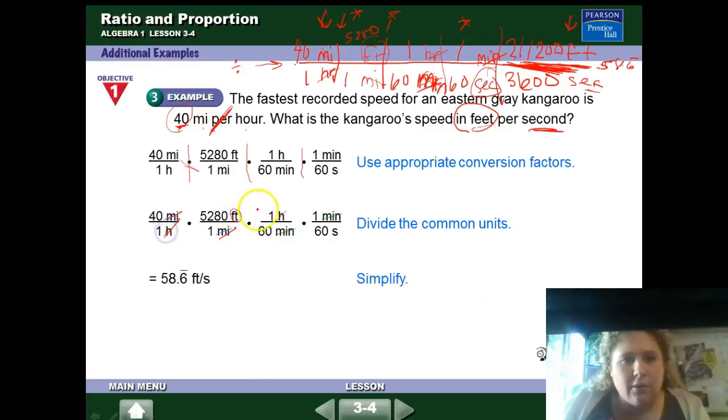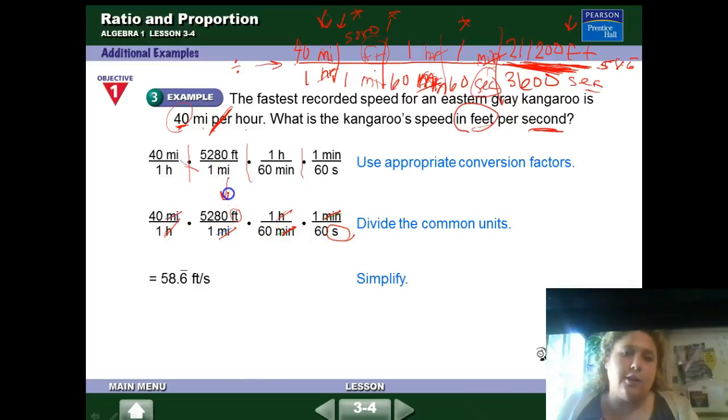I can get hours to cancel and minutes to cancel. So I get left with feet per second. So we know my units match up, and there's in 1 mile there's 5,280 feet, in 1 hour there's 60 minutes, in 1 minute there's 60 seconds.